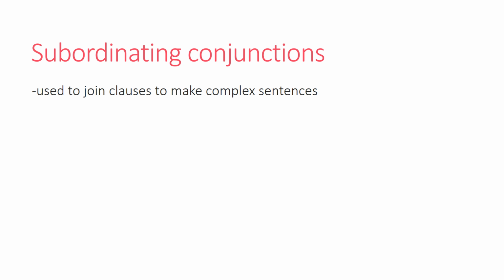So subordinating conjunctions are really important because they are used to join clauses to make complex sentences. So if in coordination you form compound sentences because you combine two or more independent clauses, with the use of subordinating conjunctions, you come up with complex sentences, a combination of an independent or main clause and a dependent or subordinate clause.